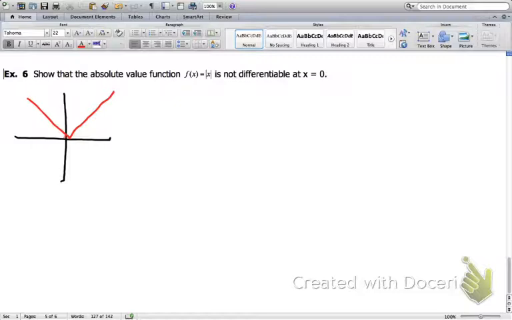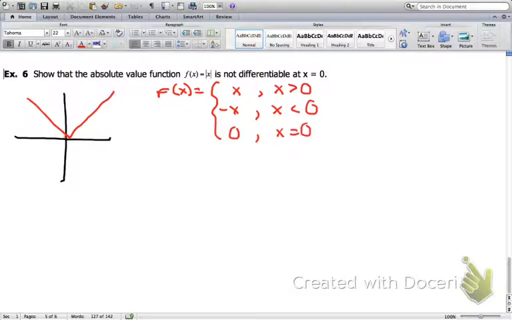Just looking at that, we can note that f of x would be equal to x, where x is greater than 0, negative x when x is less than 0, and 0 when x is equal to 0.